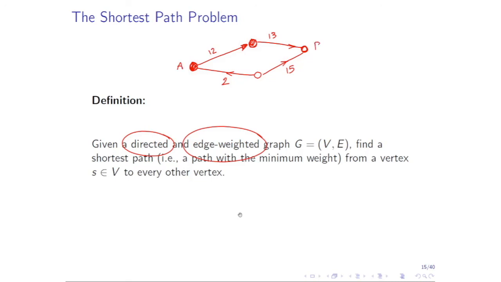For example, there is only one path from A to B, and the length of that path from A to B is 12 plus 13, 25. Okay. Obviously, like the problem before, the path that we are looking for is not unique, so we have to pick a path with a minimum length or minimum cost.